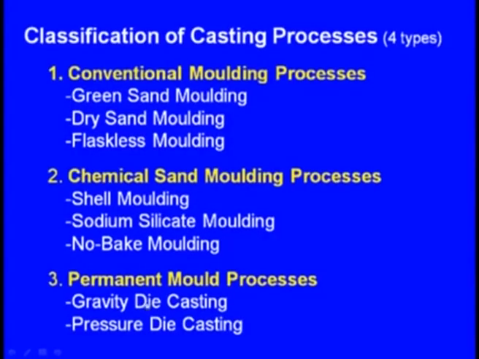In one case, we pour it through gravity. In another case, we apply external pressure into the metallic molds, and that is known as the pressure die casting.